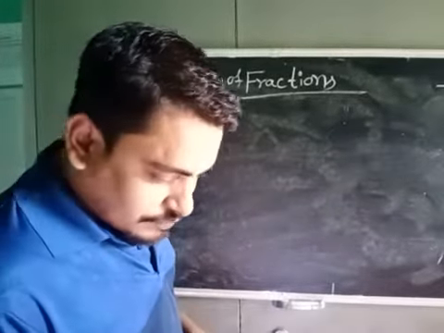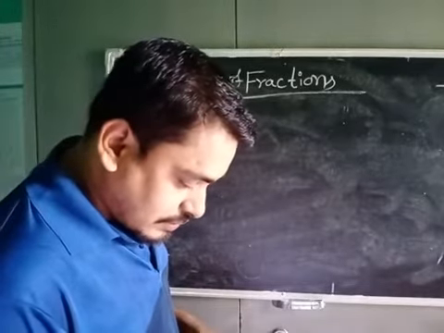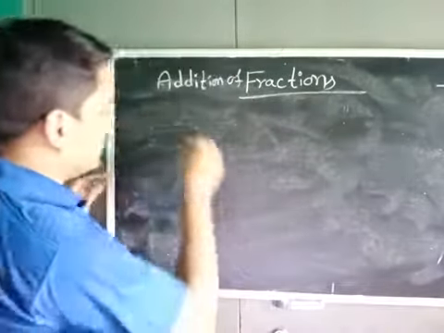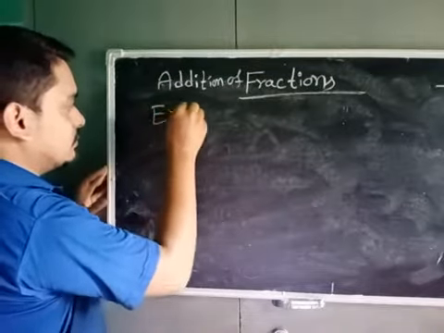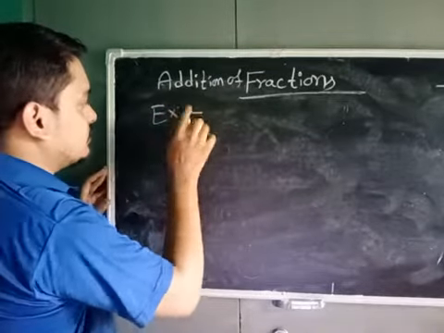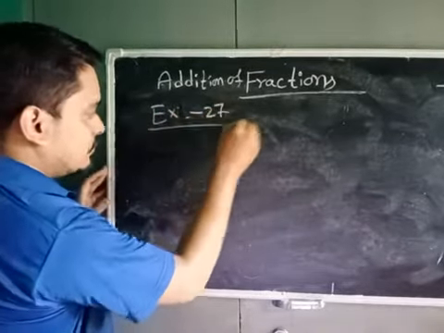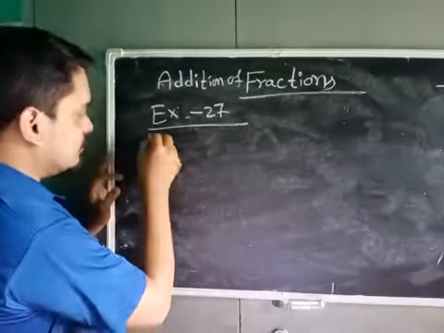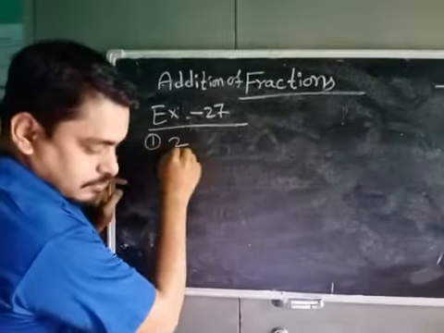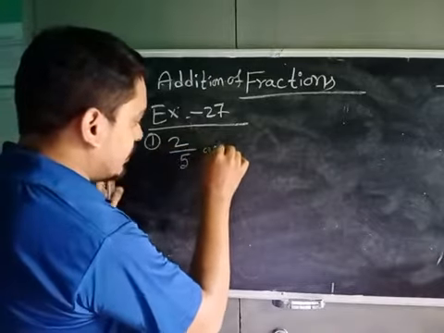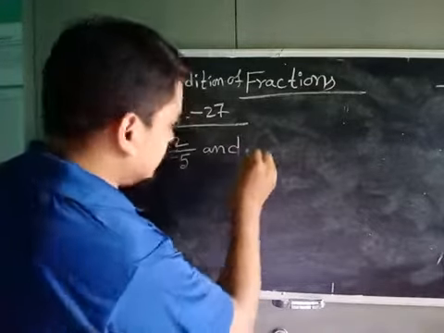And then after, if we have another fraction like exercise 27, the question is telling add 2/5 and 3/10.